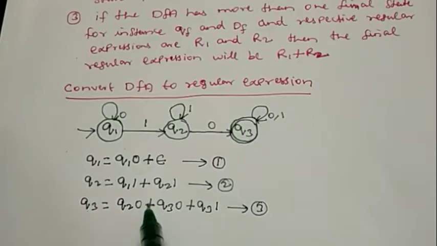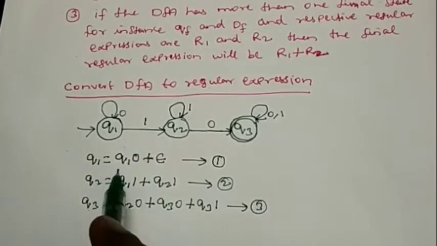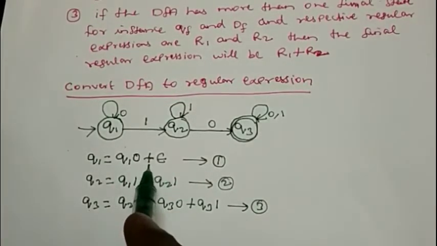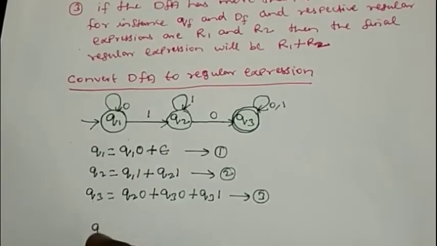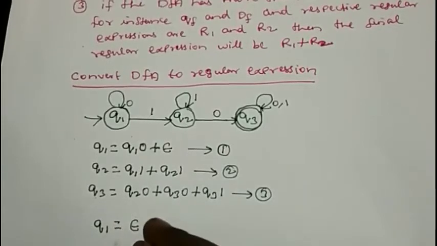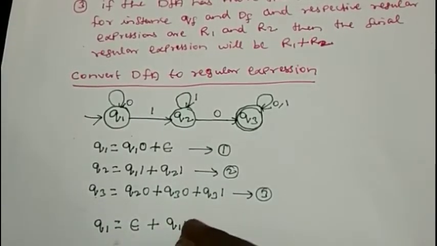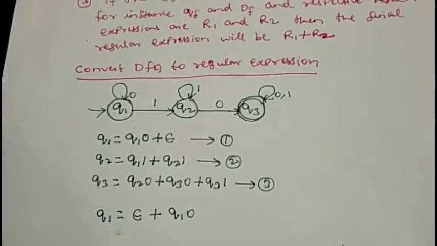Okay. So this problem has been framed like that. First we have to identify the value for Q1. Now I take up this equation, Q1 0 plus epsilon, and I will rewrite it in this form: Q1 is equal to epsilon plus Q1 0. Now you just apply this equation to the standard format.